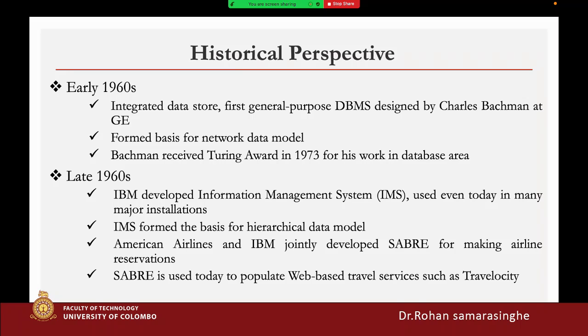The passengers may face difficulties to travel, because you know that a limited number of passengers can travel, and no passengers are allowed to travel beyond the capacity. So likewise, American Airlines and IBM jointly developed this airline reservation system in the late 60s.